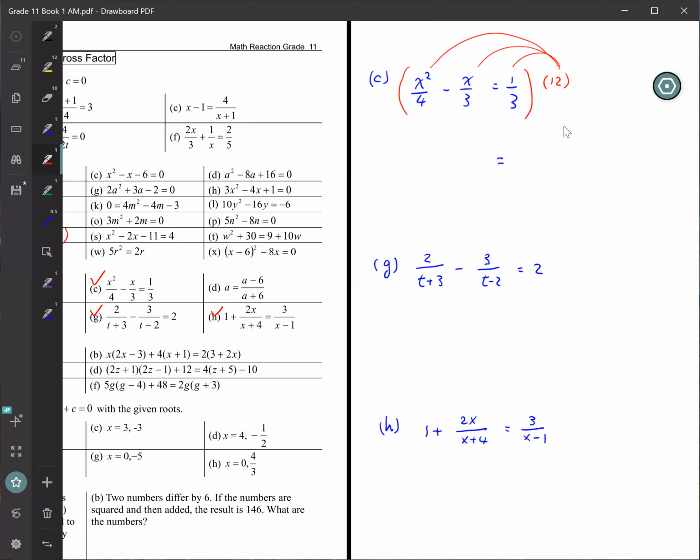Okay, remember you don't need to move things, okay? You don't need to change the general form, just the very first step.